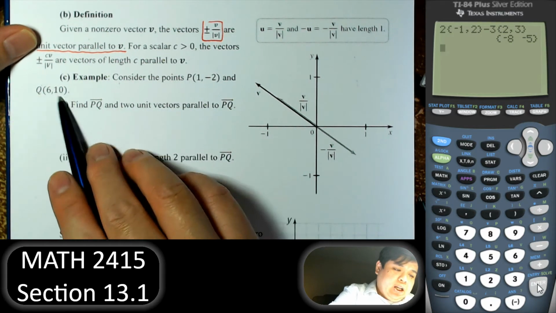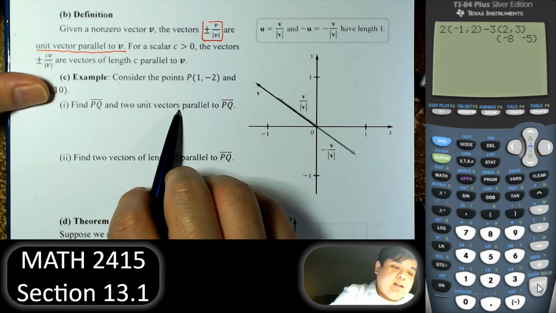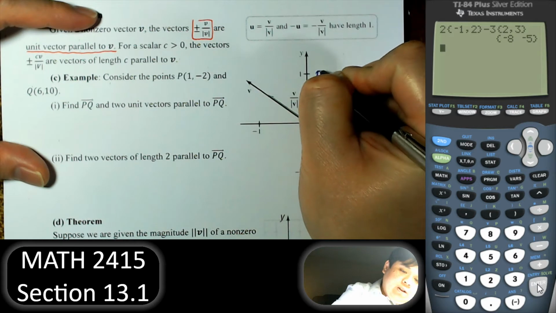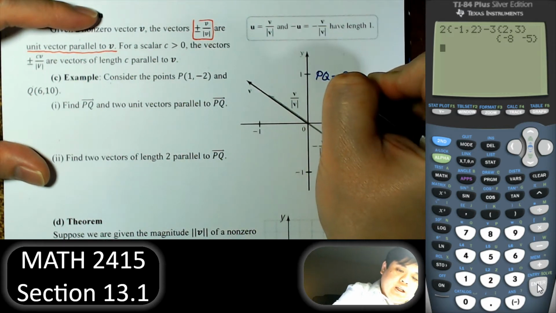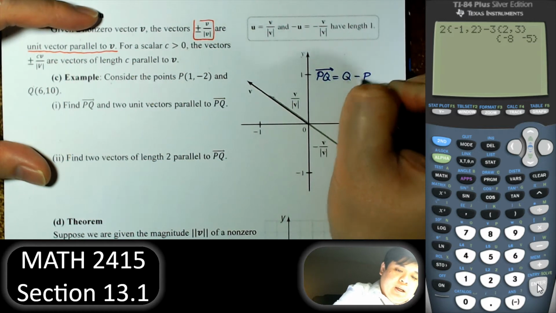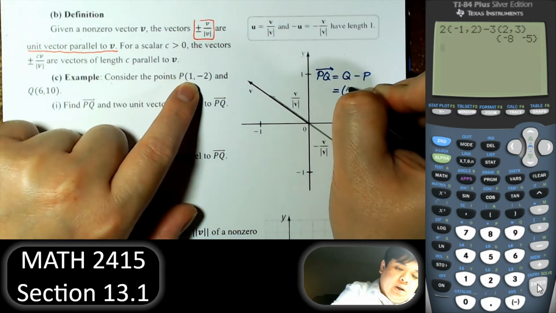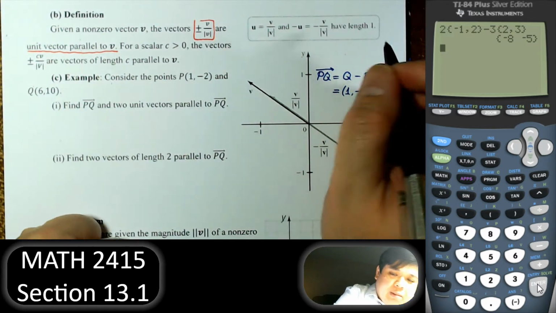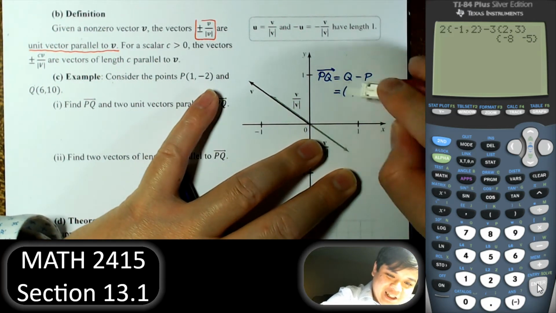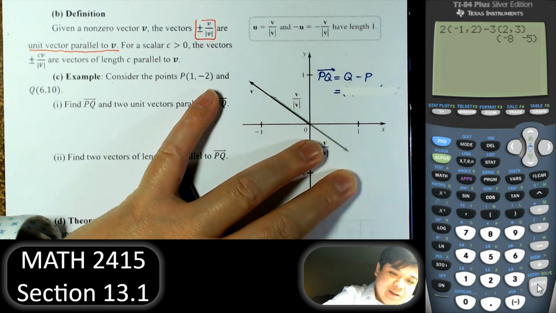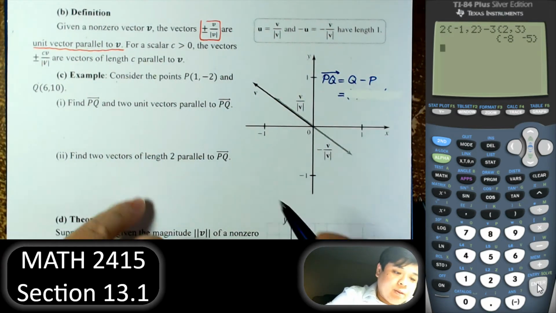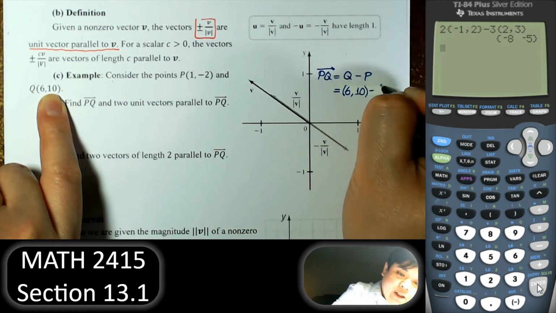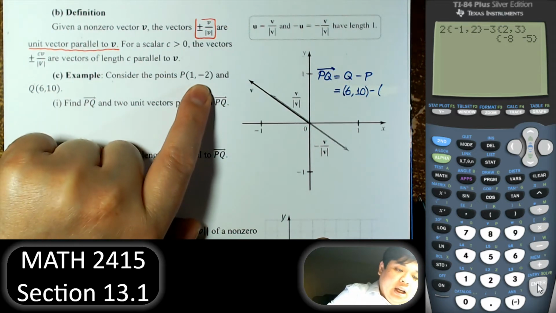Consider the points P and Q. Find PQ and 2 unit vectors parallel to PQ. So first, find PQ, easy, right? PQ is Q minus P. Q is 6 and 10, and P is 1 and negative 2.